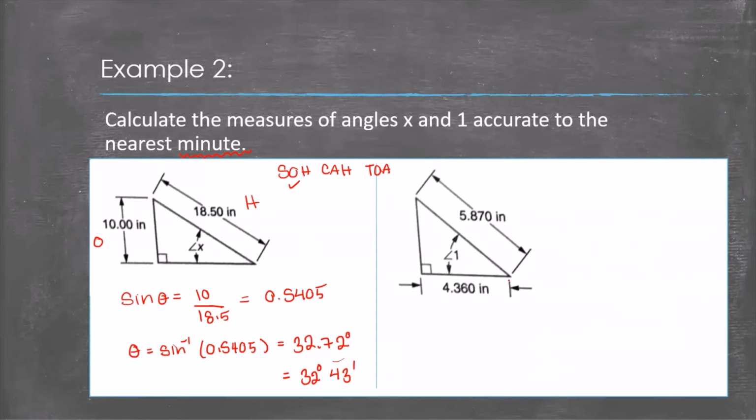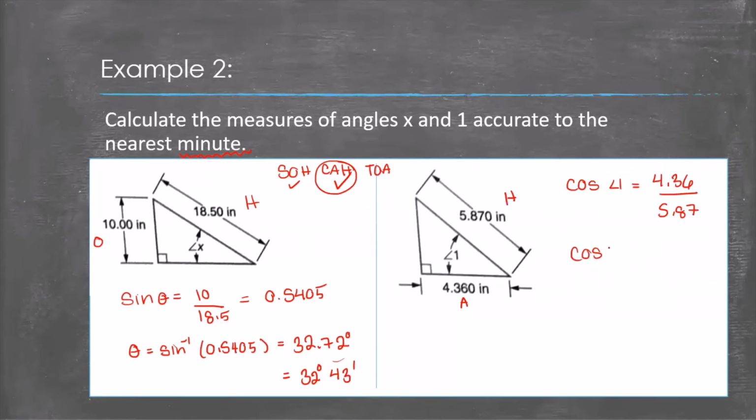Now you get to the next one, same thing, label it. So I have hypotenuse, and here, this one is adjacent. That uses cosine. So the cosine of angle 1 is equal to adjacent 4.36 over 5.87. Now that we have that, find out what the ratio is.